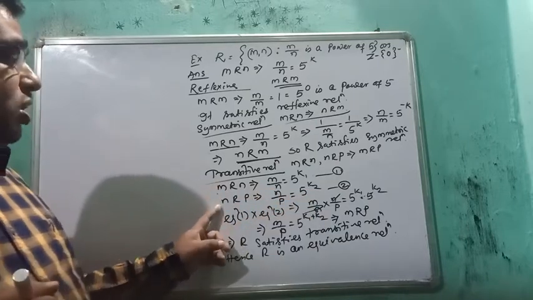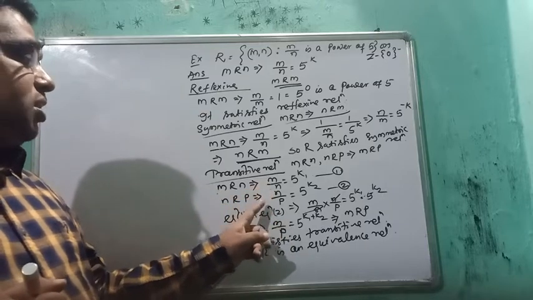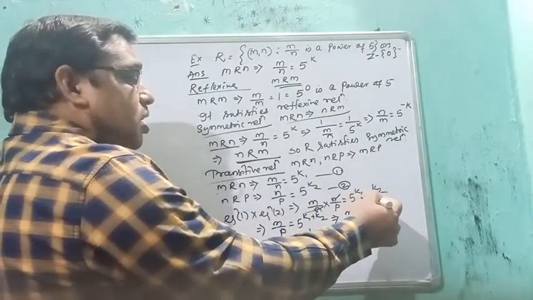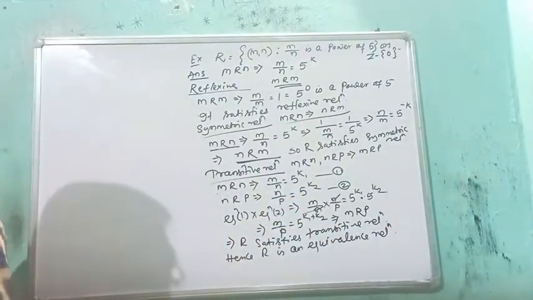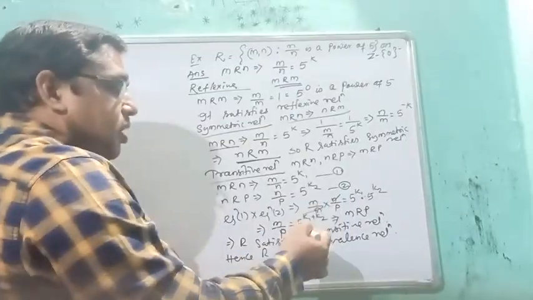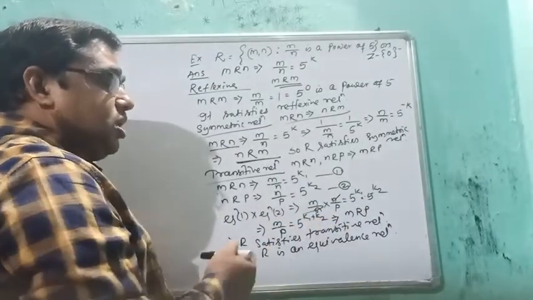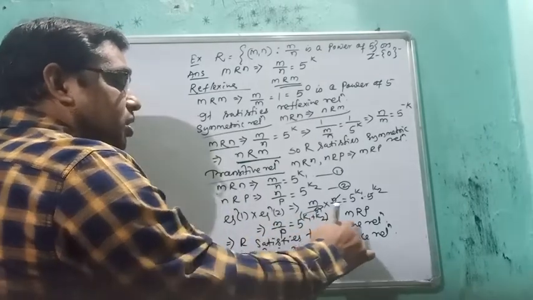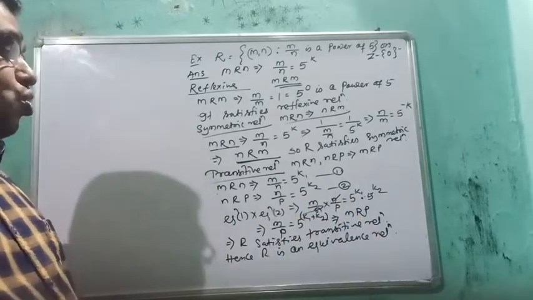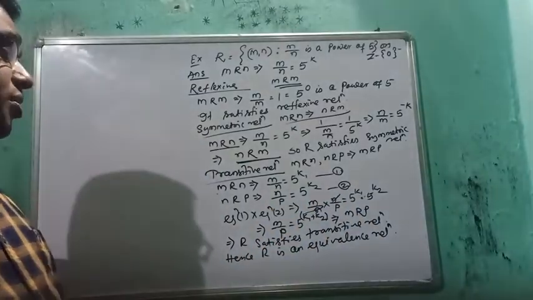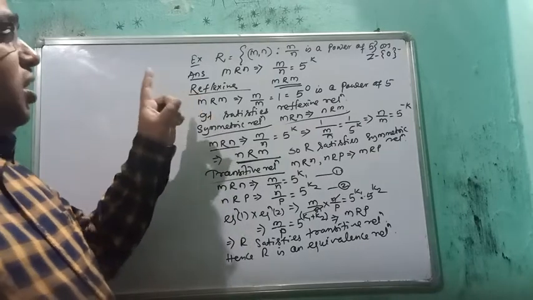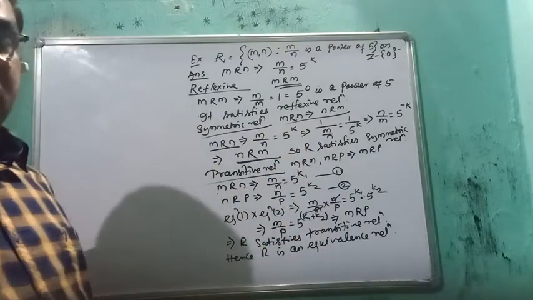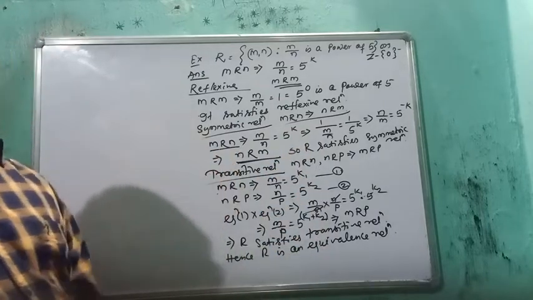Then if you multiply these two equations, on the left-hand side m/n into n/p, on the right-hand side 5 to the k1 into 5 to the power k2. Then n is cancelled, so m/p is equal to 5 to the power k1 plus k2. And k1 plus k2 is also an integer. So m is related to p, so R satisfies the transitive relation. Hence R satisfies all three relations: reflexive, symmetric and transitive. Hence it is an equivalence relation.